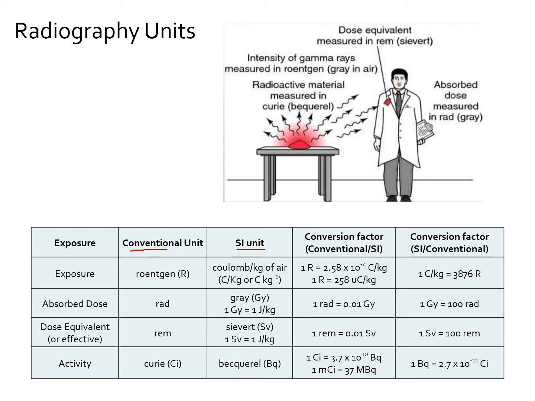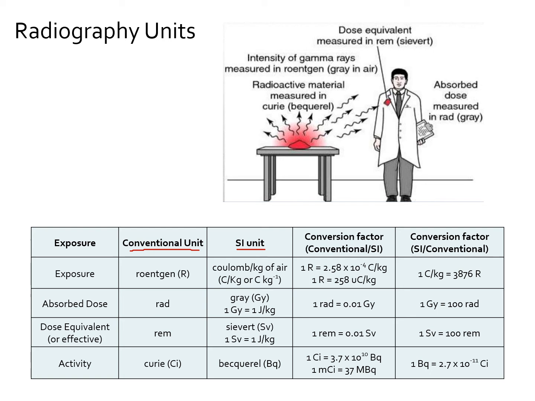So here's the conventional unit for exposure is the R, Roentgen, and the international unit is a coulomb per kilogram. So again, we have the slash in there, so it's a coulomb is a C, that's a unit of charge. So C, coulomb per kilogram, which is the slash.